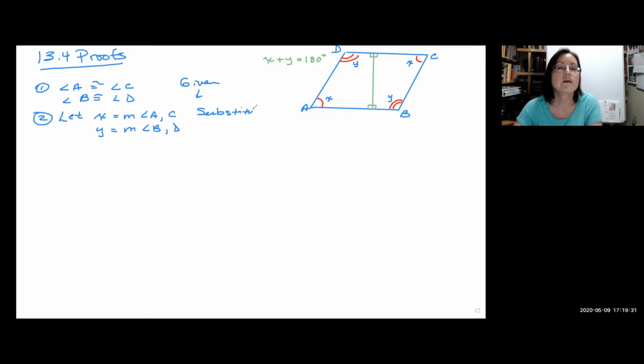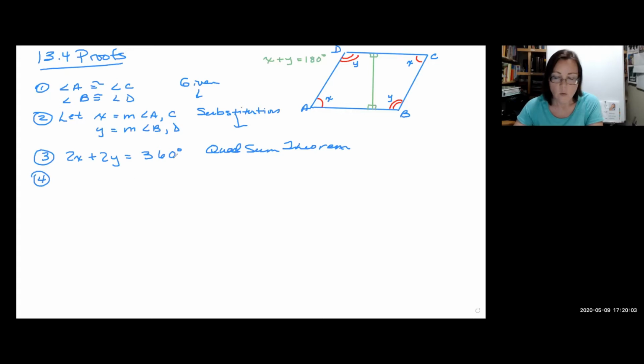That's a good enough justification for that. And then, looking inside, 2 of my x's plus 2 of my y's add up to 360 degrees. What tells me that is the quadrilateral sum theorem. We've already proven that.